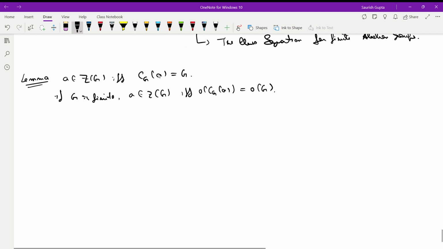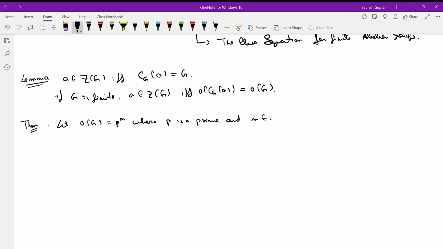What we want to prove is the following theorem: consider a p-group, let the order of G be p to the power n, where p is a prime and n is some natural number. Then the center of the group is non-trivial.